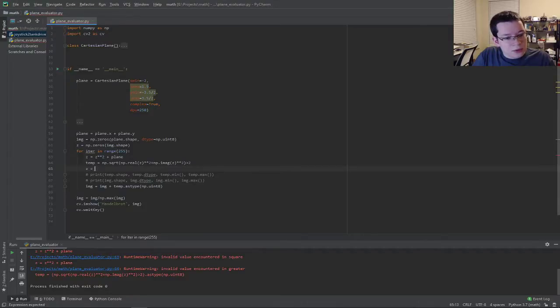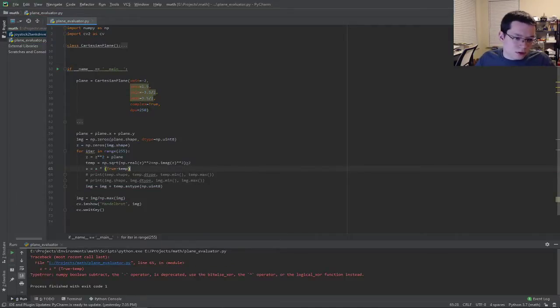Z equals Z times temp. True minus temp. I don't know if that'll work or not. Nope.